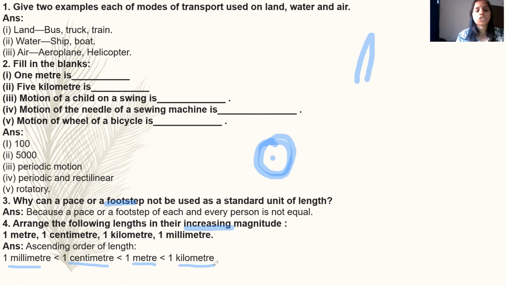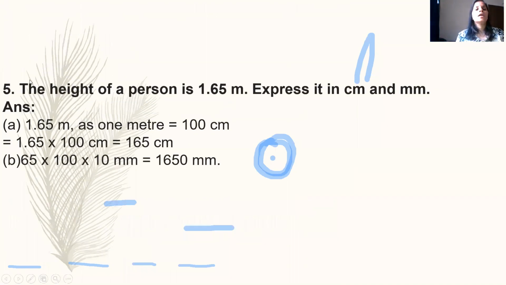The next question: the height of a person is 1.65 meter. We are supposed to express it in centimeter and millimeter.